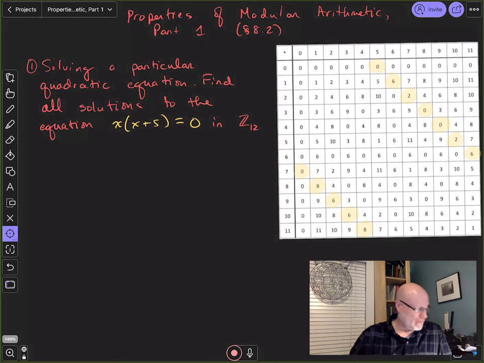Okay, so that gives us just what the possible products are as we're multiplying these together. As I'm multiplying x and x plus 5 together, the things that I've shaded in are the possible solutions to that. Well, we obviously want to know where this is going to be equal to 0.